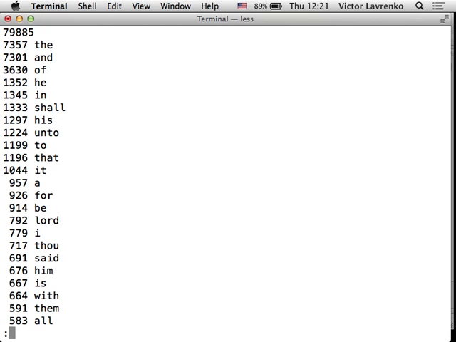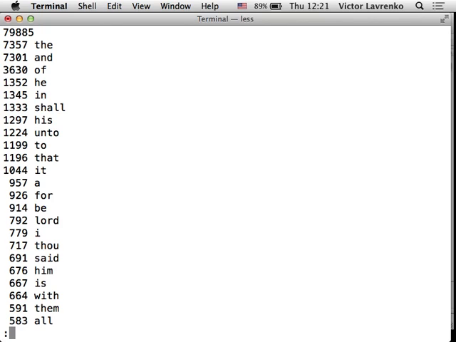And if you look at it roughly, ignore the first line. The second line, the, has about 7,500 occurrences. And actually has about the same as the, so Zipf's law breaks right there. But of is back to the right scale, and he is back to the right range, and so on and so forth. So just by looking at this, you see that it held on Newswire, and it also holds in the Bible.